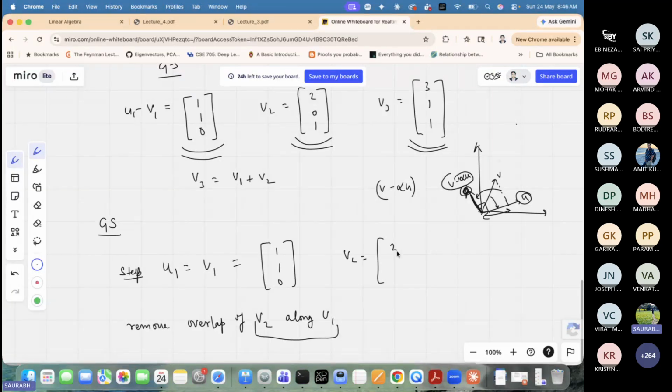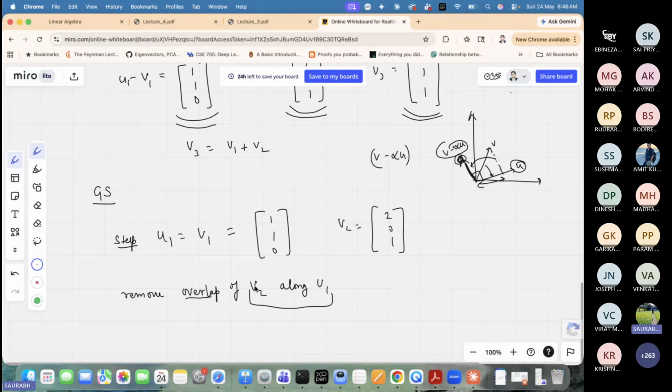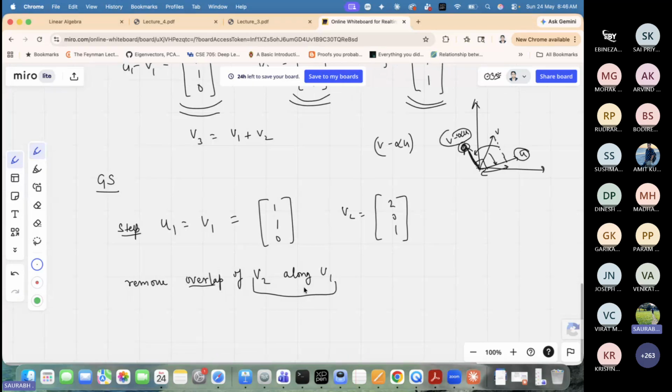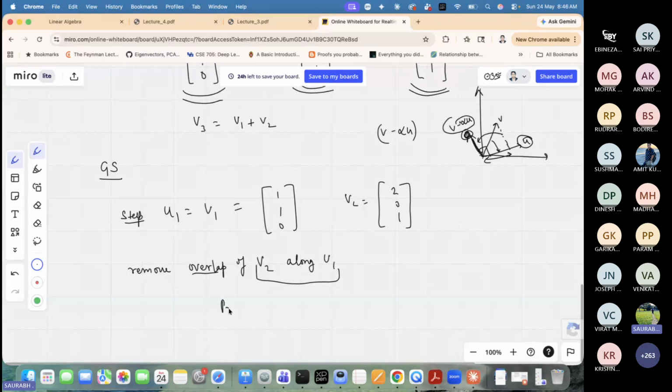How do you remove the overlap of V2 along U1? Let's say this is the first vector V1, which we have just termed U1, and the second vector V2 is 2, 0, 1. To remove the overlap, the very first thing you have to do is find how much of V2 is aligned in the direction of U1, so basically projecting V2 in the direction of U1.